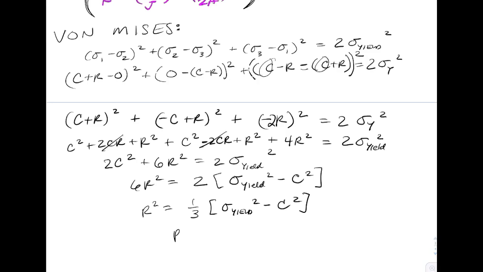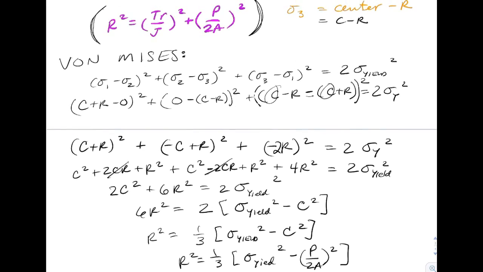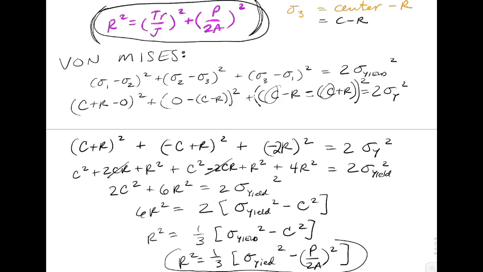We've got r squared is equal to 1/3 sigma yield squared minus, and I'm just going to plug in the value for the center of the circle, which was P over 2A. And now we're just going to equate these two. So I'll draw a line. This one up here now can be equated to this expression right there.